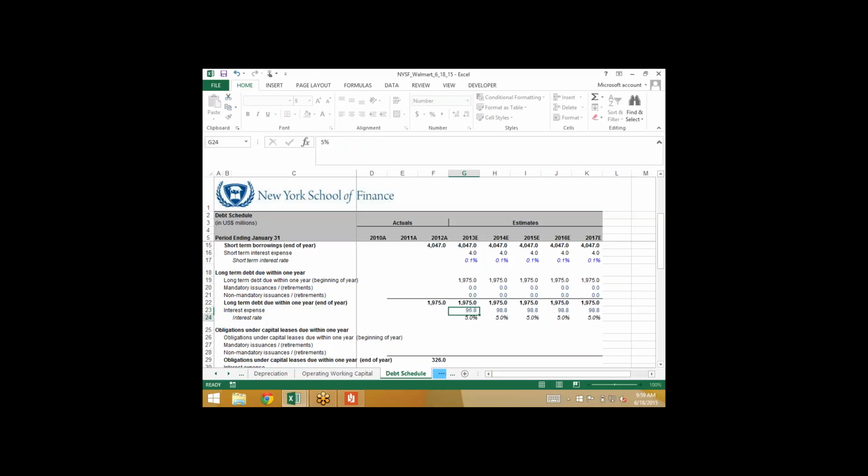It's their weighted interest. They paid 96.8. And I'm going to back into what the implied percentage is. So that's 96.8 divided by 1975, which is 4.9%. That's why the number is almost the same. And I'm going to use that 4.9% going forward.